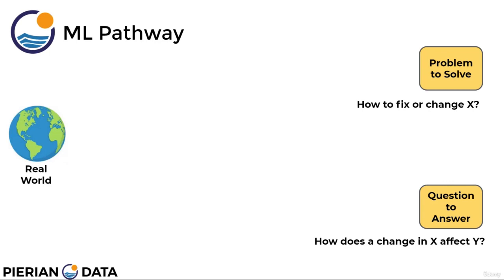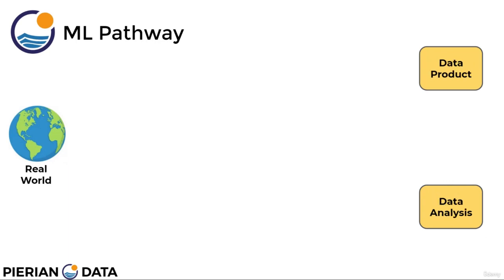And so what we need to do is somehow create what we're going to call a data product or perform data analysis. And while there's clearly some overlap here between a data product and data analysis, it's important to separate these out in your mind in order to fully understand the pathway.